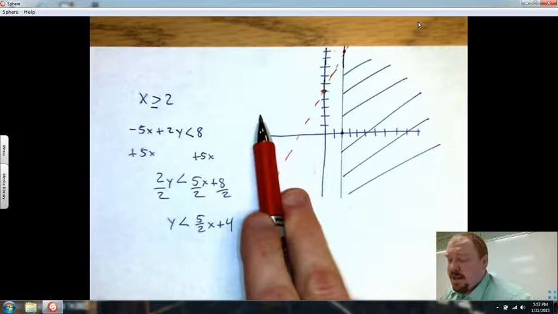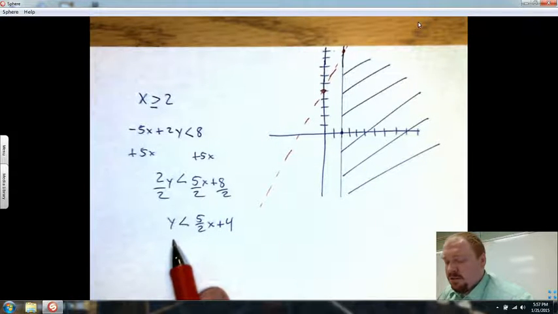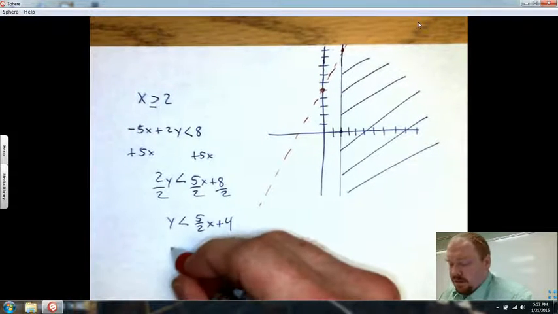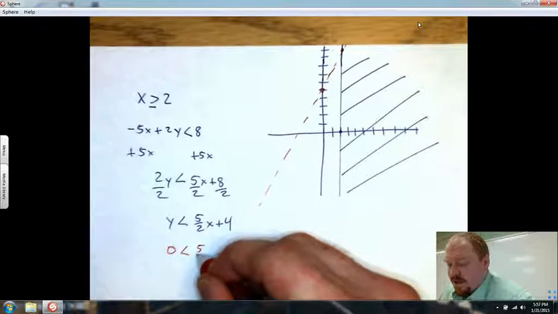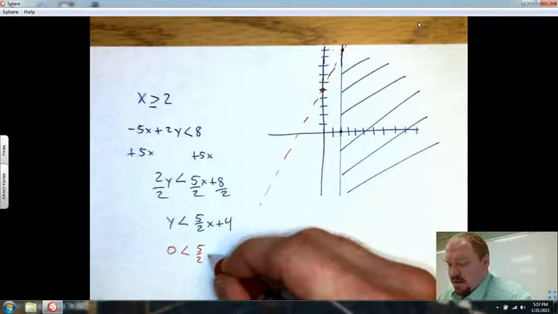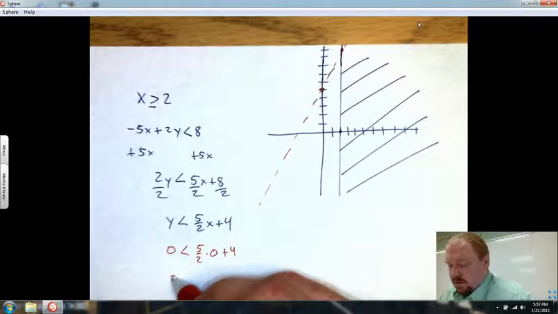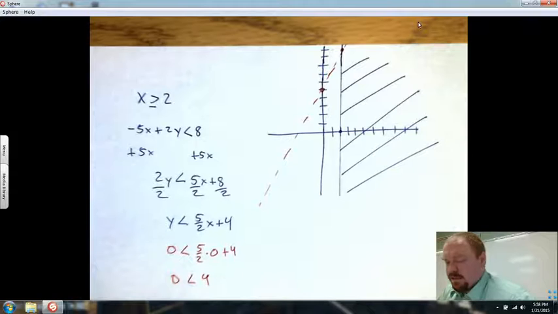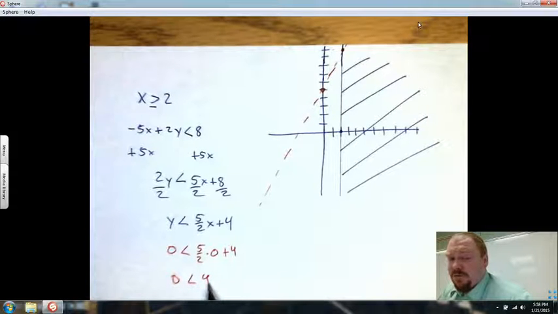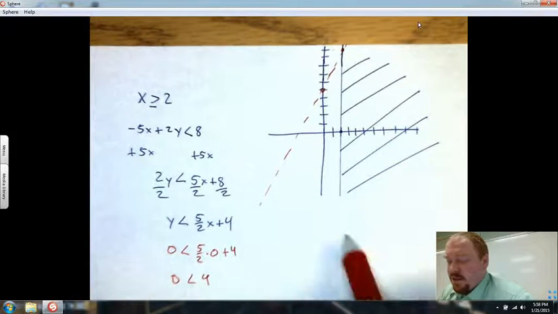So 0 is less than 5/2 times 0 plus 4. And 0 is indeed less than 4. So I'm going to shade where 0, 0 is. So that's to the right.